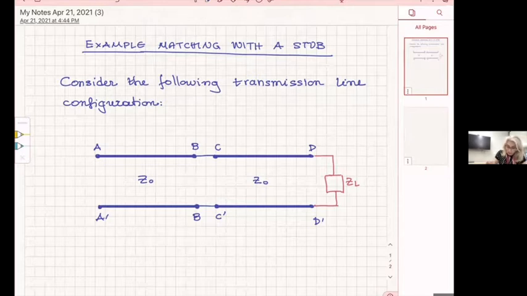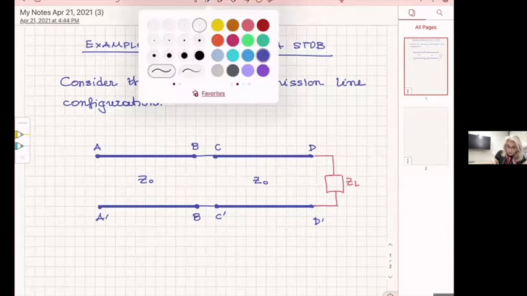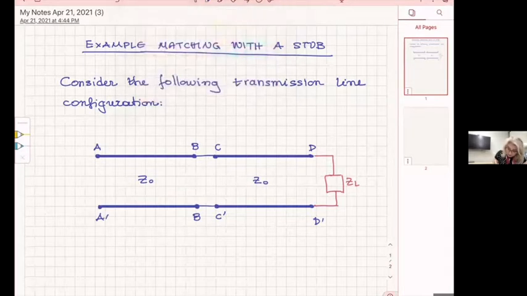What I would like you to do is to design it in such a way, and then you place a shunt stub. Right? And let me put here ZS, even if we know that when it's shunt, it's better to work with admittances, but I will give it like this.